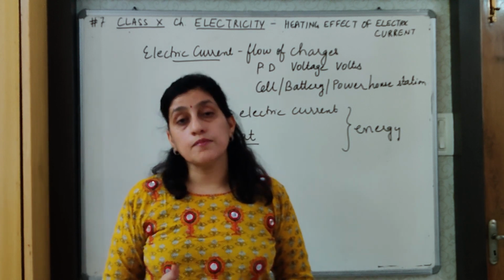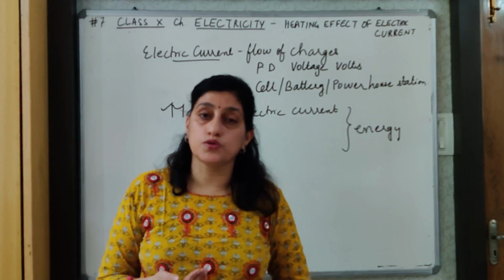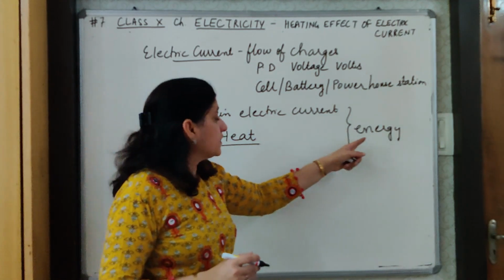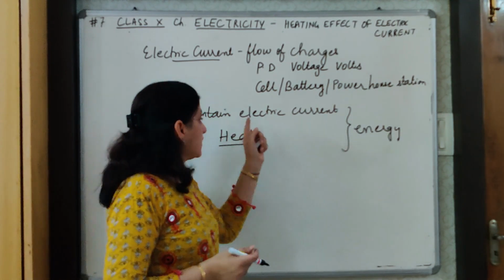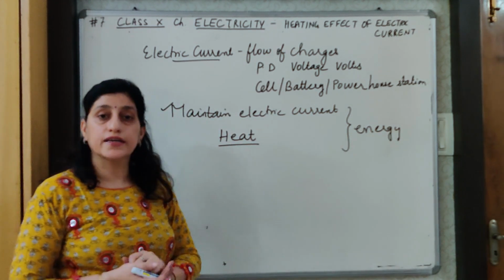But in some places, this heat energy has been put into use. When the electric energy is supplied, we get electric current for the flow of electrons, and we also get heat.